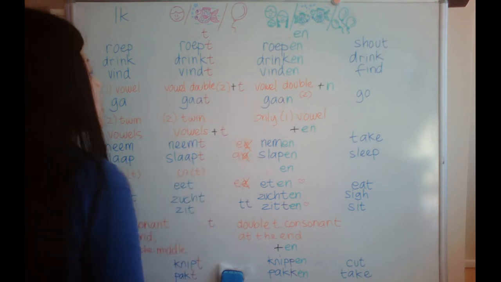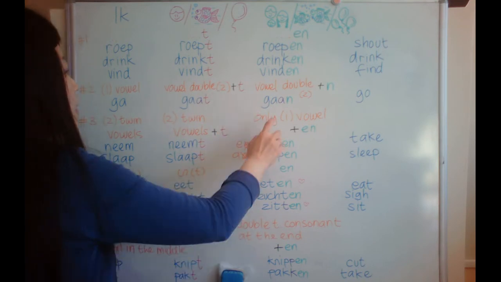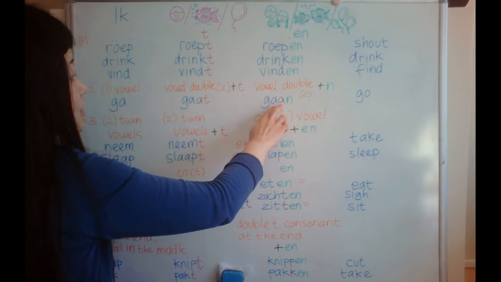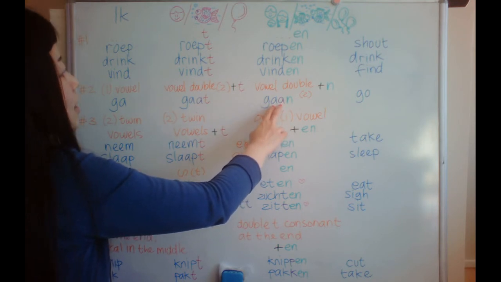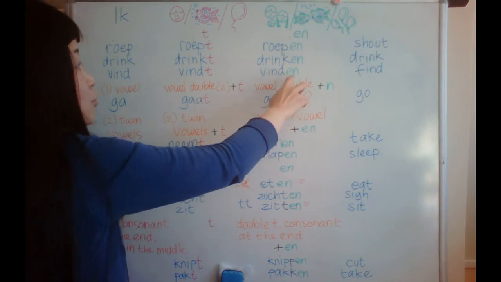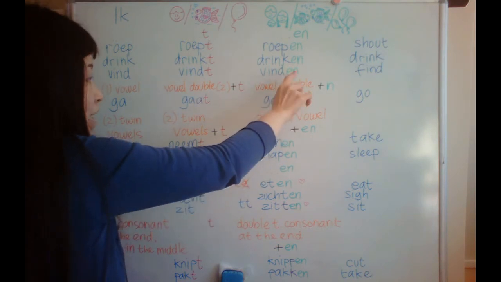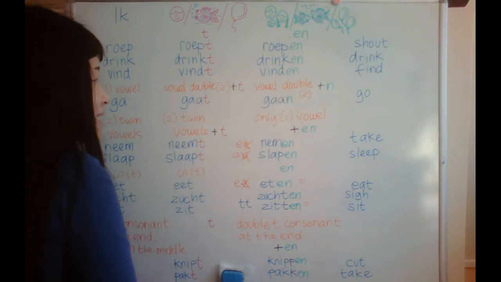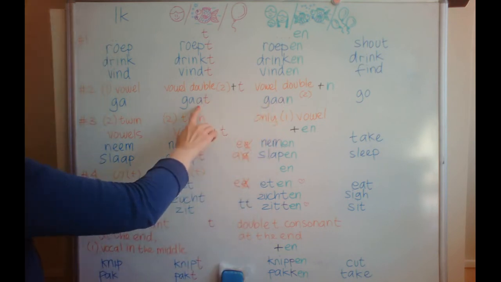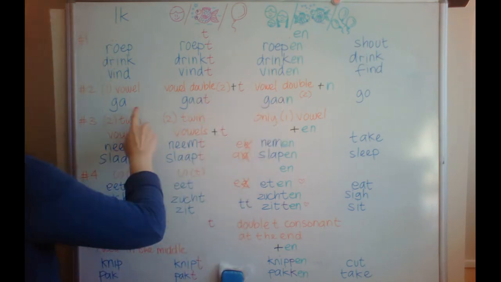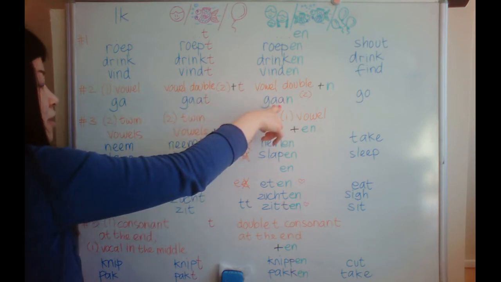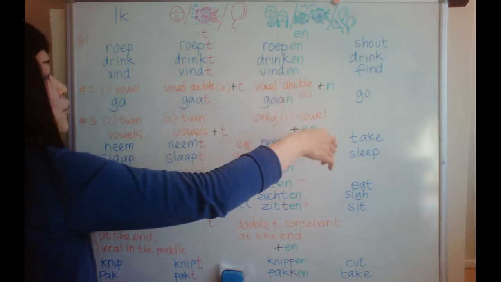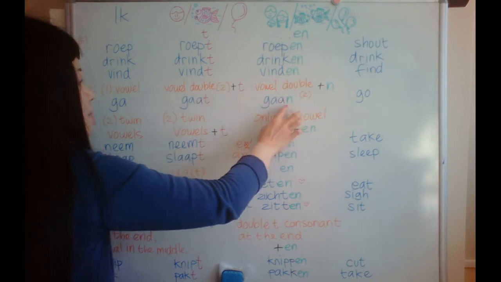Here, it already has 2 a's. It should put an or en here. But because you already put an extra vowel from here, you see, you already have an extra vowel a, you just have to put the n.